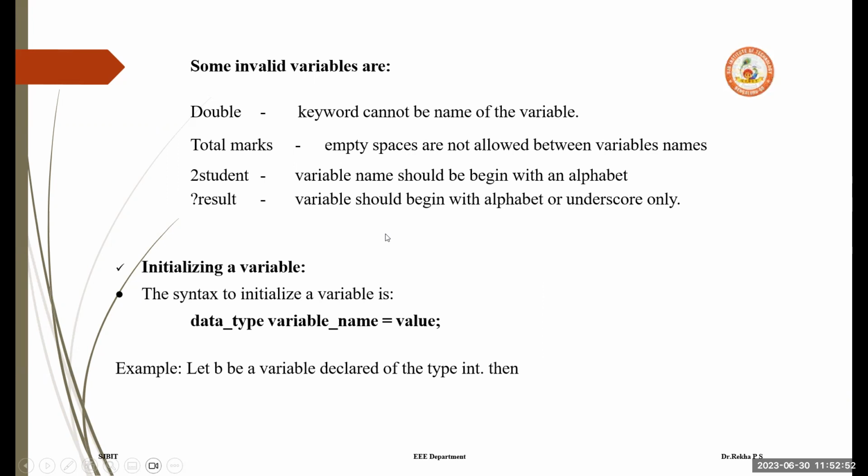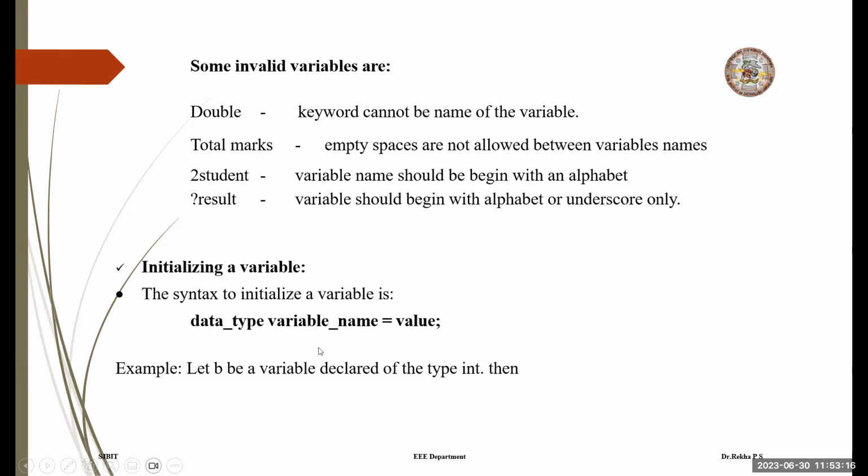So how do you initialize a variable? The syntax to initialize a variable is data type, variable name, equals, value, the value to which you are going to initialize the variable.